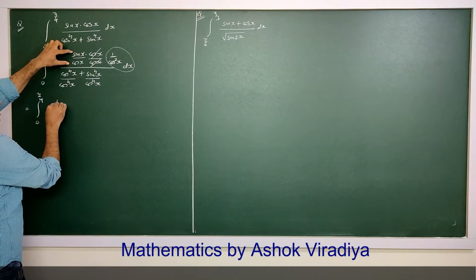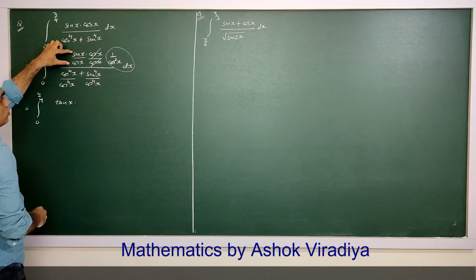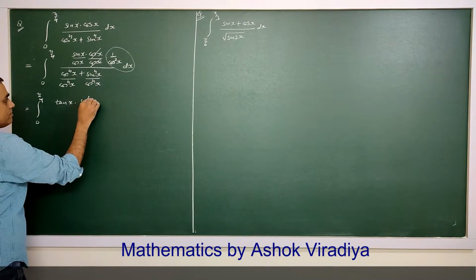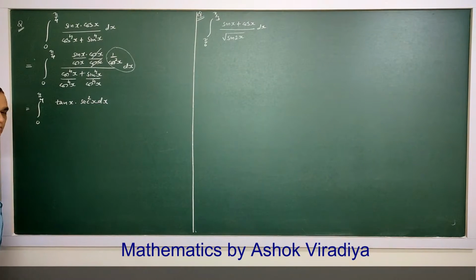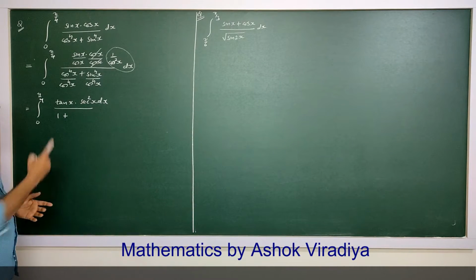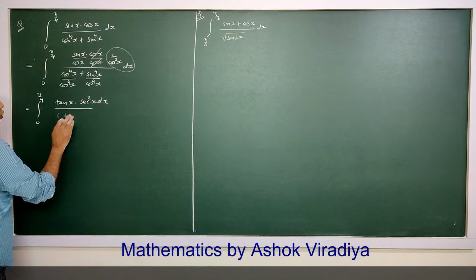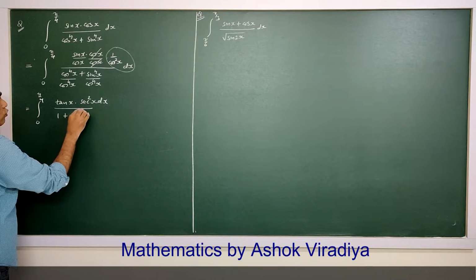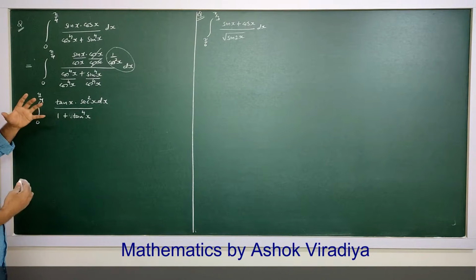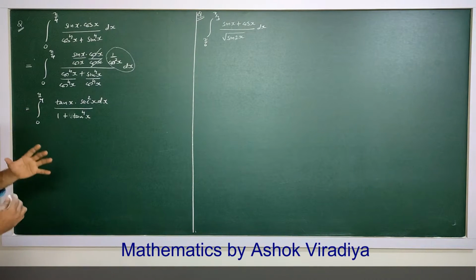Tan x, this is tan x, tan x into sec square x dx. The denominator is 1 plus, this will be tan raised to 4x. And now, it is becoming an integrable form.